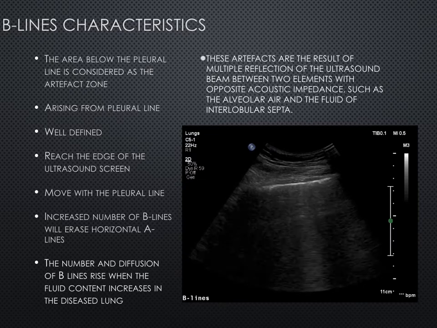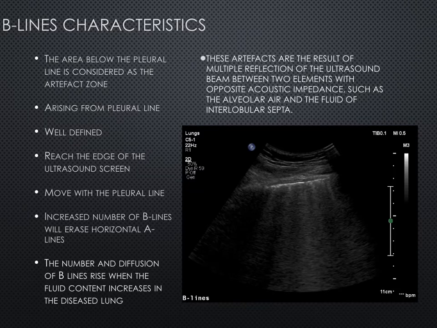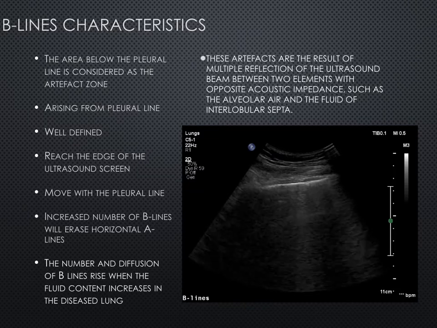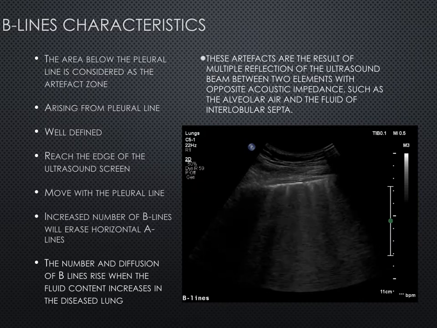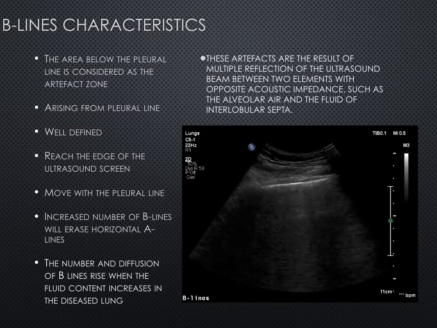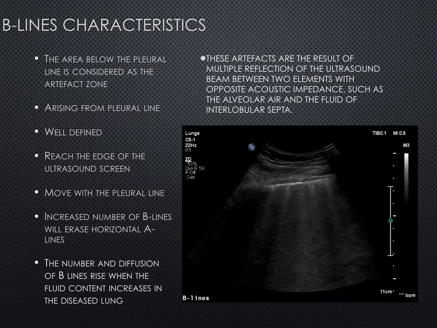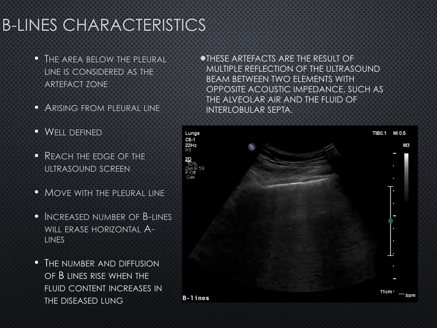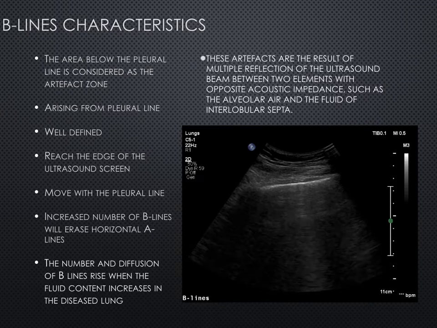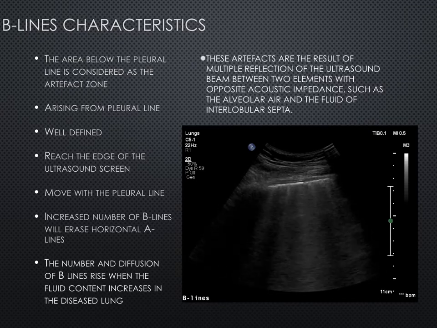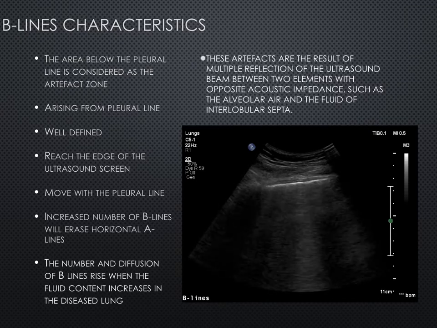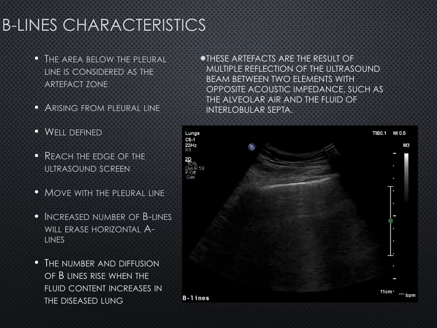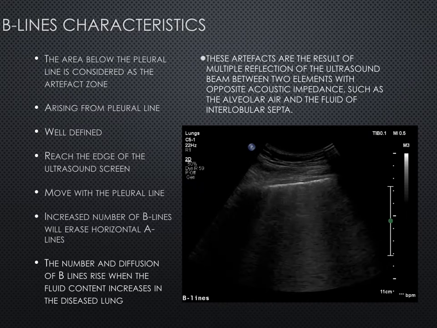Essentially, this reverberation or artifact pattern is an interaction between the air and fluid within the lung and the reflection back of the ultrasound wave, generating the B line. So the more B lines you have within an interstitial space, within a pleural space, the less aeration you have within that pleural space itself.